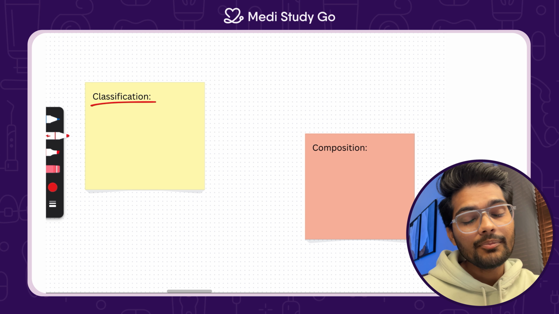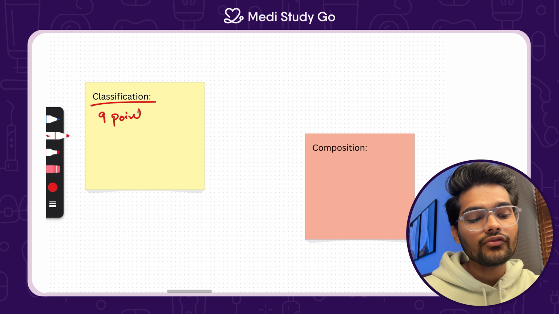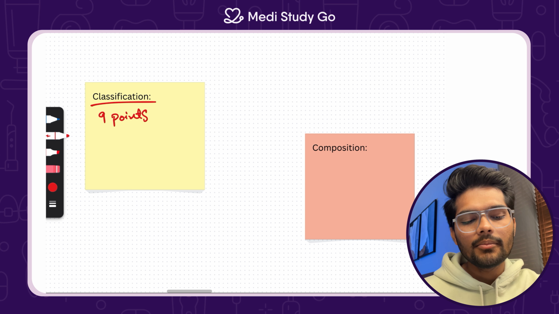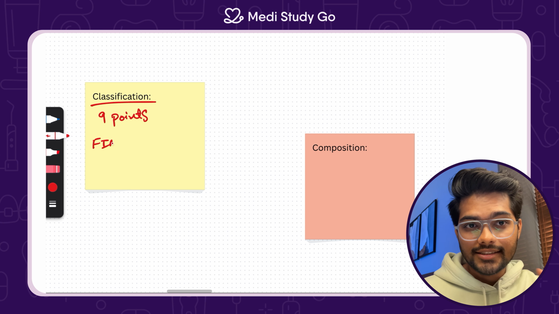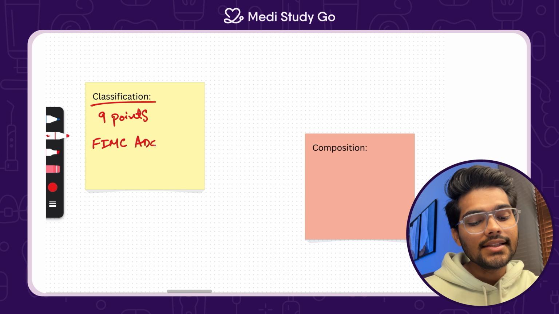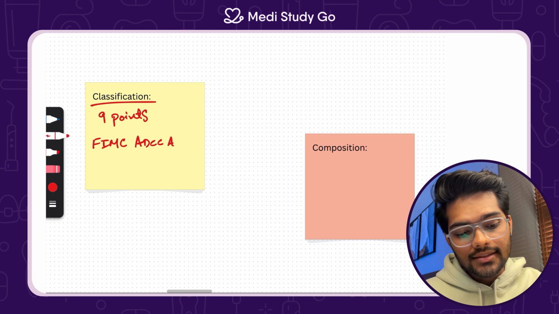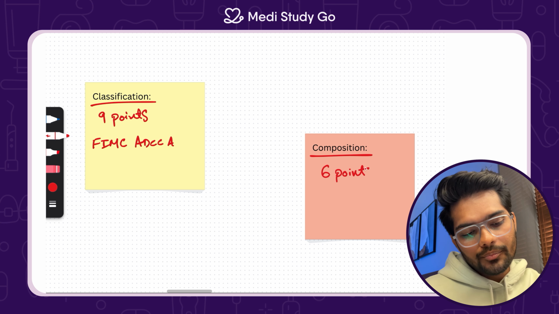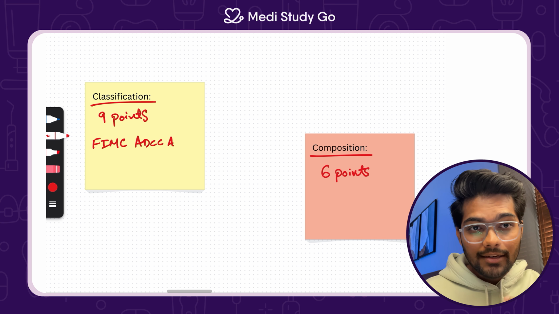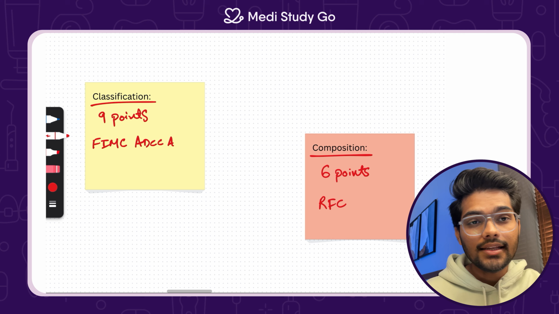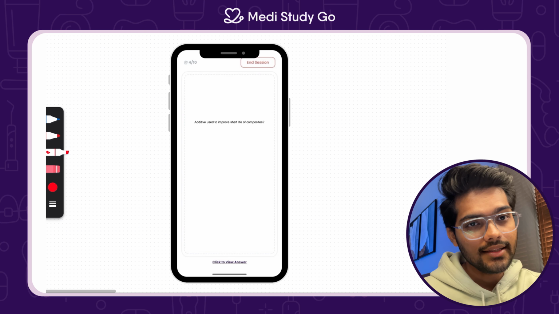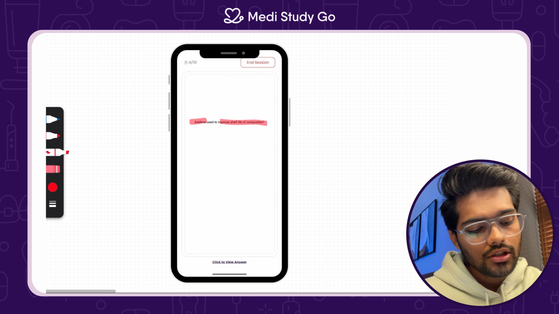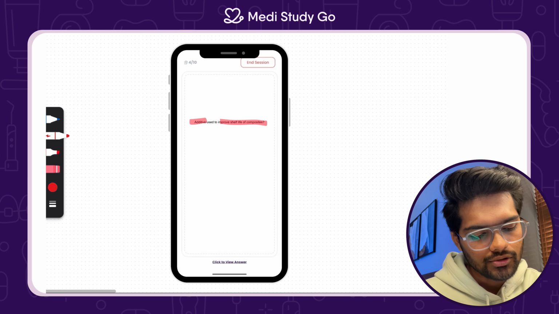Now let us quickly revise both the topics that we studied today. So composites can be broadly classified on the basis of 9 categories, which can be memorized as FIMCABCCA. Whereas there are 6 major components in composites and can be remembered as RFCMIA. Now let us look at this question. What additive is used to improve the shelf life of composites?